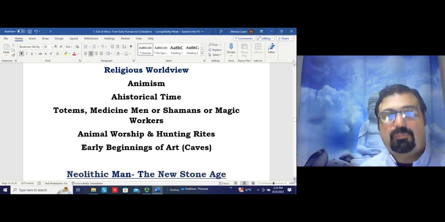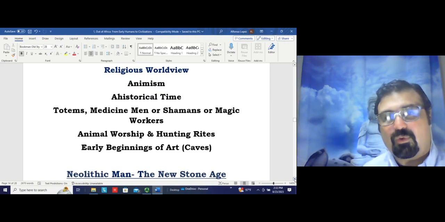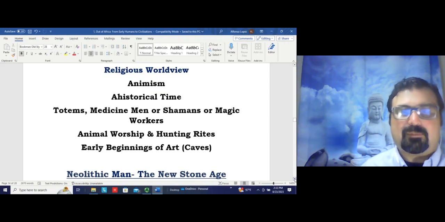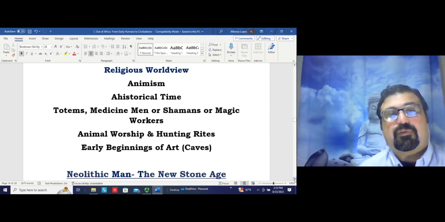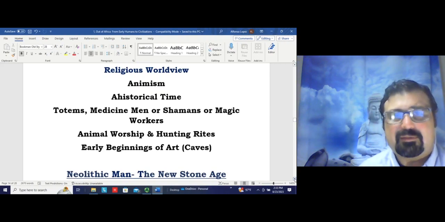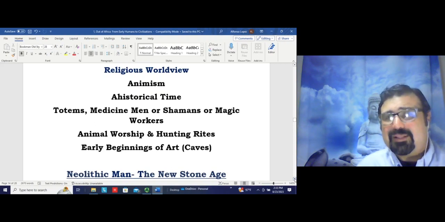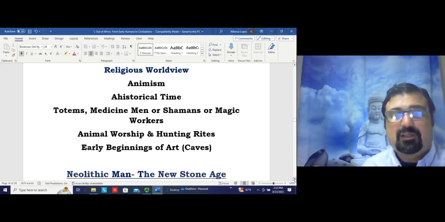Animals were considered to be indeed the actual creators, if you will, of humanity and the creators of the world. It's an animal cult. And of course, they performed the very first rituals for the animals because animals had to be hunted. They were still considered gods, by the way, but they had to be hunted because otherwise, how would people survive?